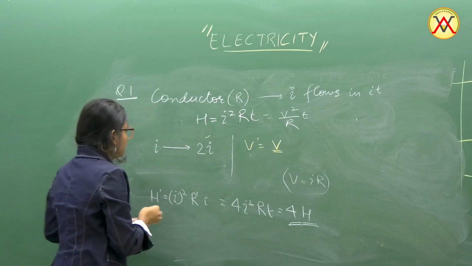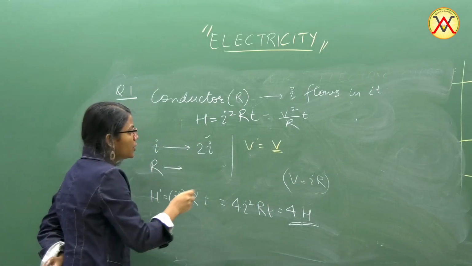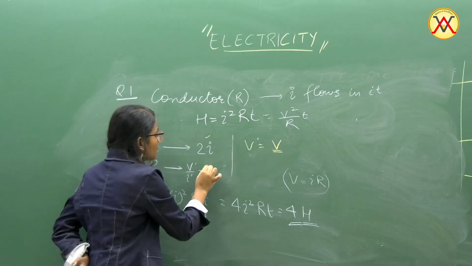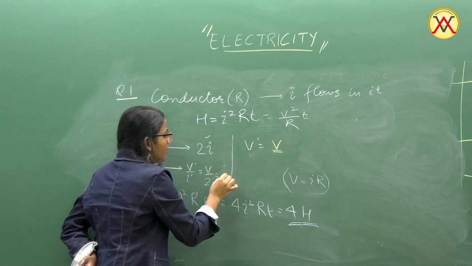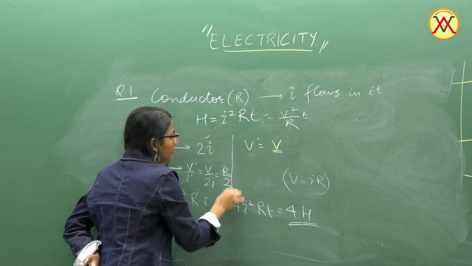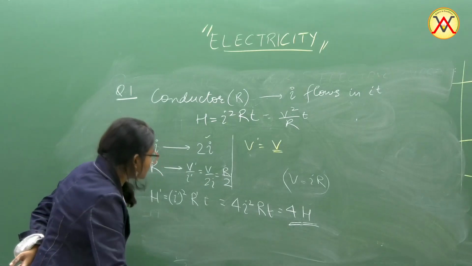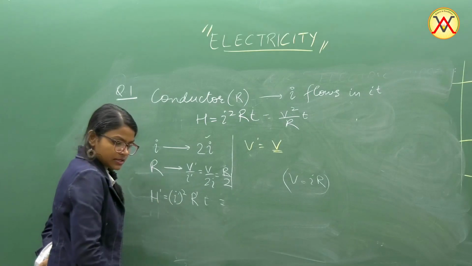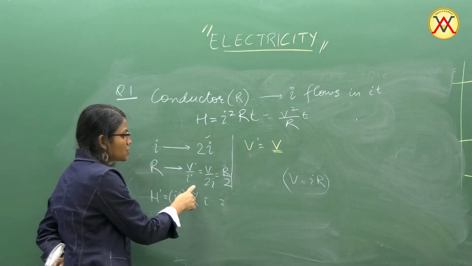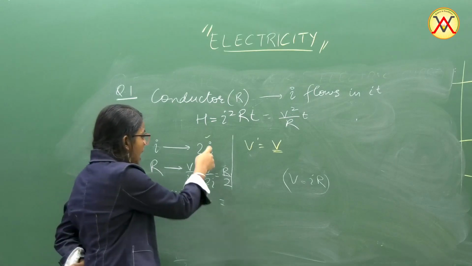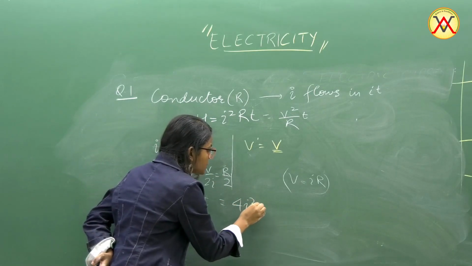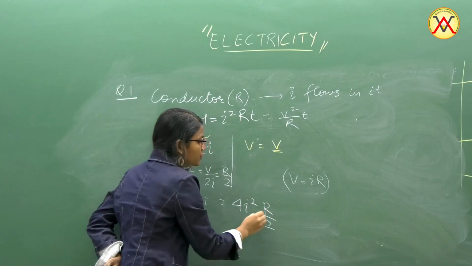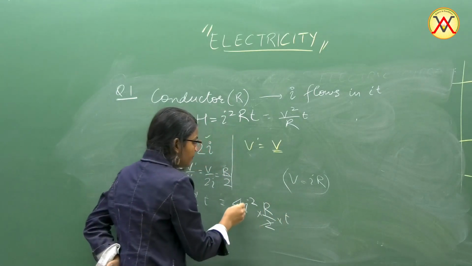From the same relation, our R would become V dash upon I dash, which is V by 2I, that is R by 2. Now coming to our heat, it is equal to I dash square R dash into T. I dash square would be 4I square, R dash is R by 2, into T.